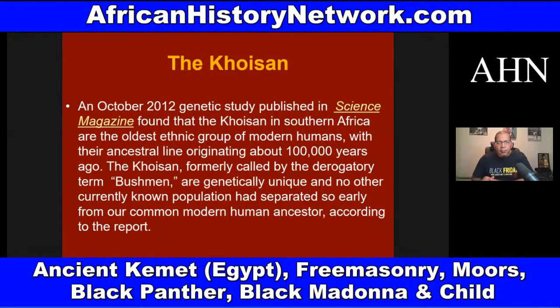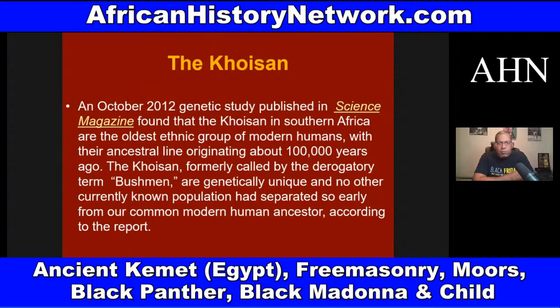So the Khoisan, in an October 2012 genetic study published in Science magazine, which is another scientific magazine that has archaeological discoveries, were found to be the oldest ethnic group of modern humans, with their ancestral line originating about 100,000 years ago.